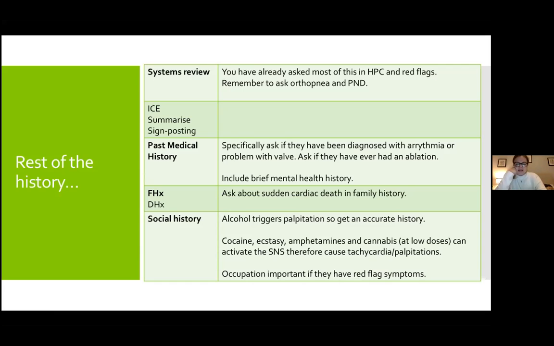And for chest pain, you're asking about the illicit drugs, but you also need to ask about them here because cocaine, ecstasy, amphetamines, and cannabis at a low dose actually can activate the SNS system, sorry, not CNS, and then cause a tachycardia where you might get palpitations. And then once again, mention the occupation because if they're having any of the red flag symptoms like syncope, for example, they might need to take time off work and might need to stop driving.